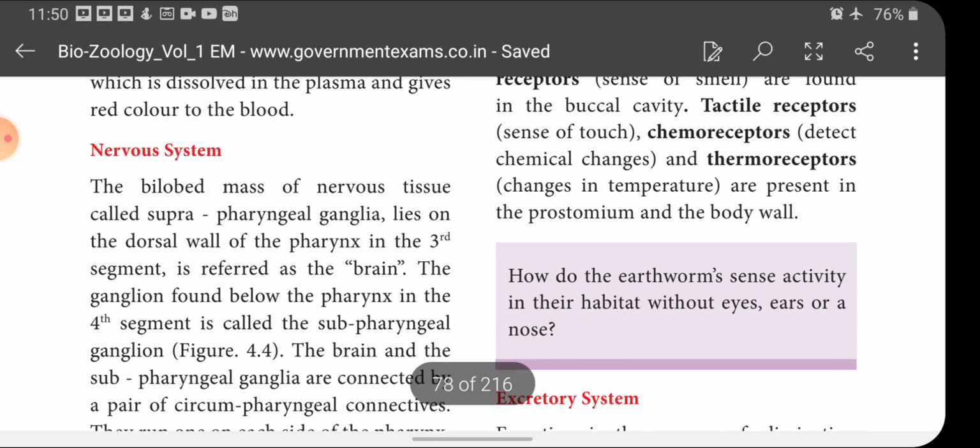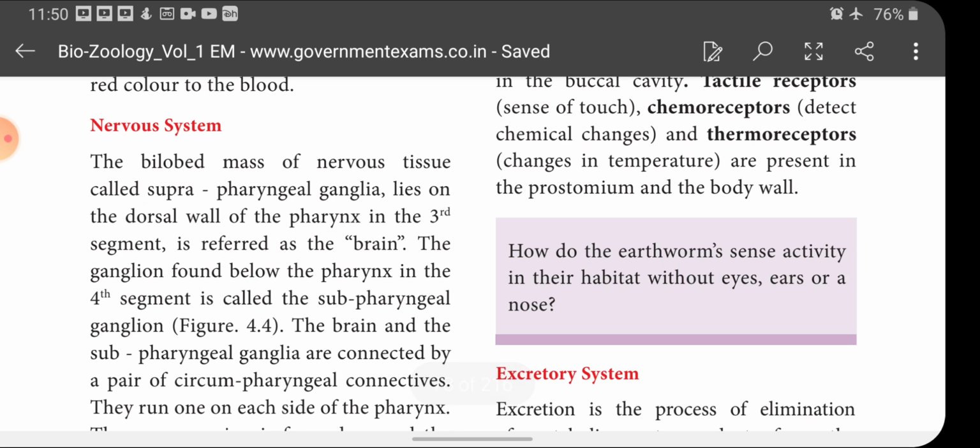Next one is the nervous system. The bilobed mass of nervous tissue called the suprapharyngeal ganglia lies on the dorsal wall of the pharynx in the 3rd segment and is referred to as the brain, and the ganglion found below the pharynx in the 4th segment is called the subpharyngeal ganglion. The brain and the subpharyngeal ganglia are connected by a pair of circumpharyngeal connectives.